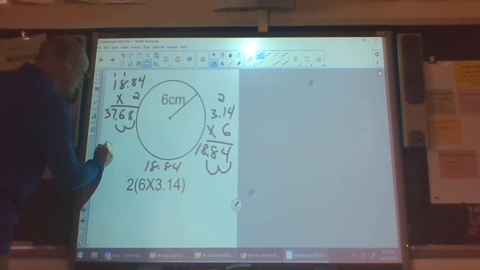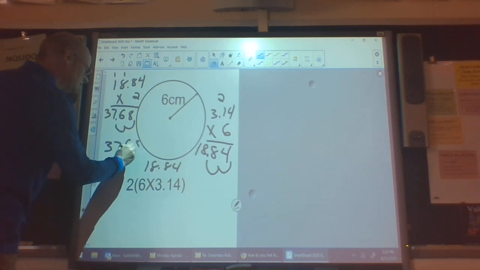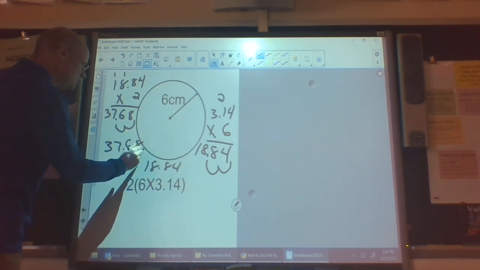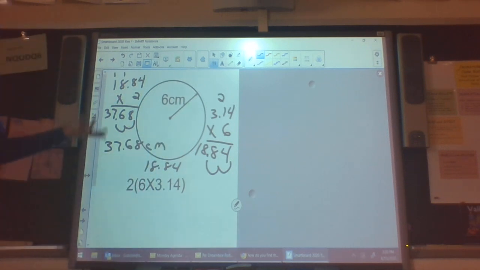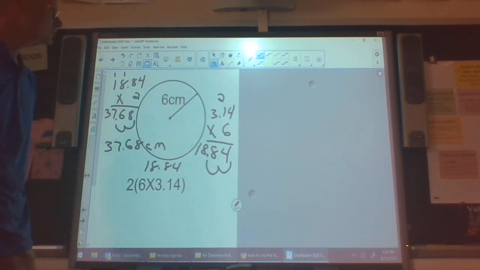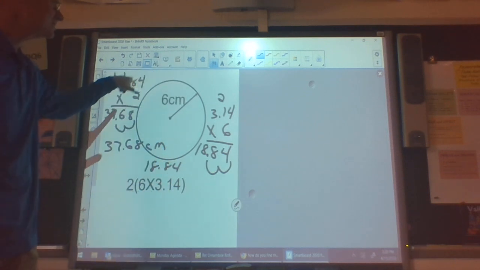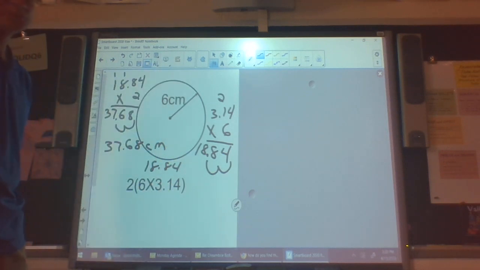And my distance around the outside of that circle would be 37.68 centimeters. That is how you find the circumference of a circle.